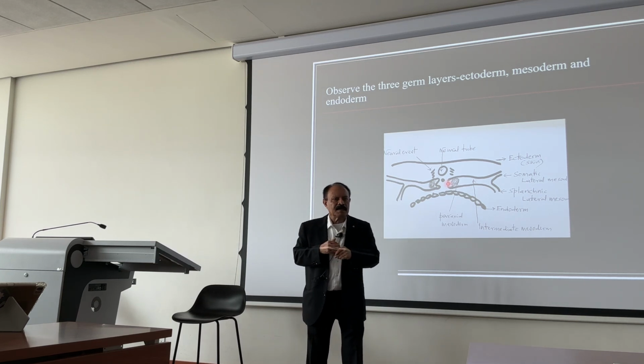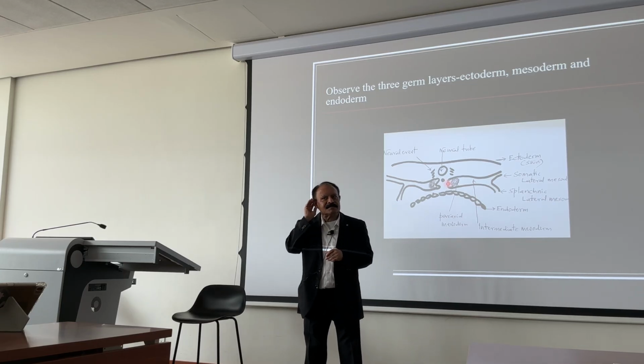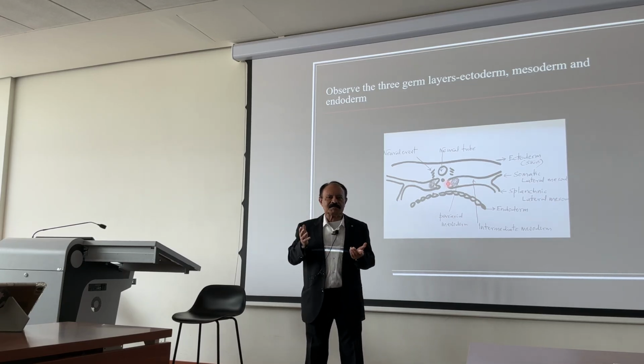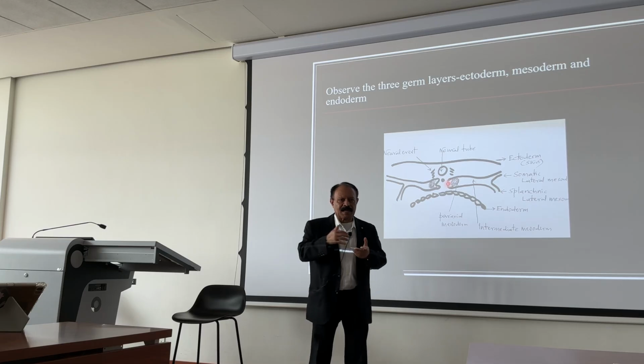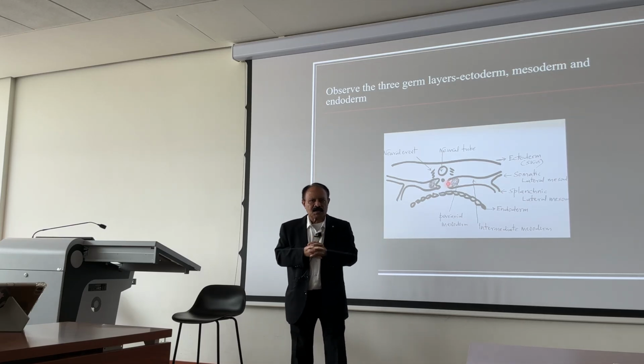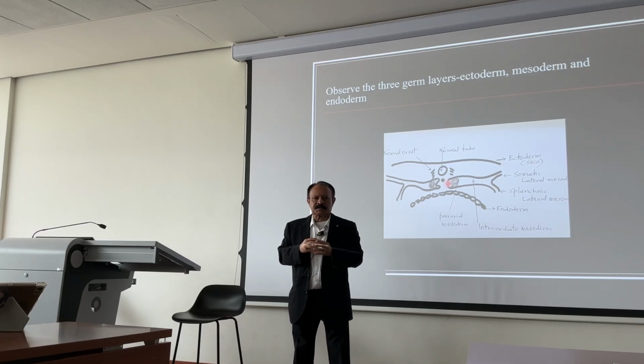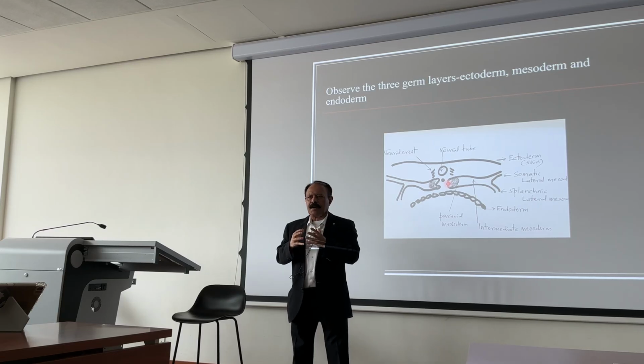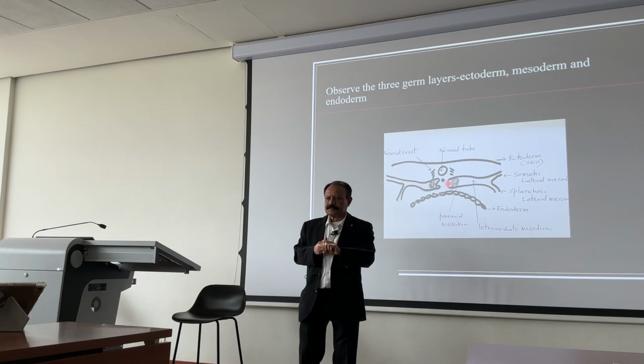We need nerve, and nerve is coming from ectoderm. So the nerve we got it, muscles we got it, bone we got it, connective tissue like blood vessels and the others, reticular tissue or whatever, these tissues are coming from the lateral mesoderm. So now the upper limb is complete.